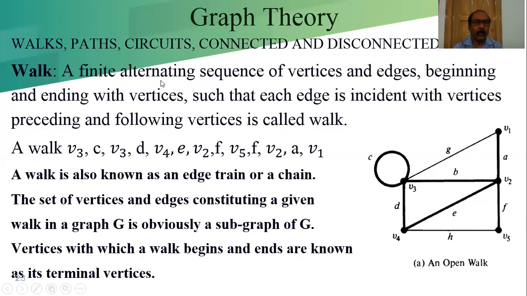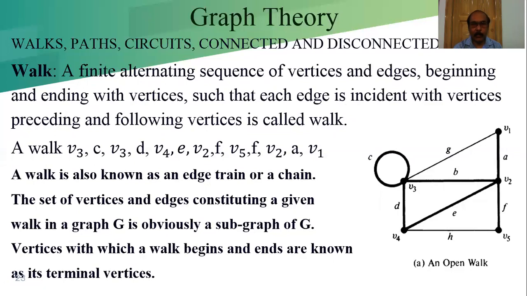A walk is a finite alternating sequence of vertices and edges, beginning and ending with vertices, such that each edge is incident with the preceding and following vertices. That is called a walk.